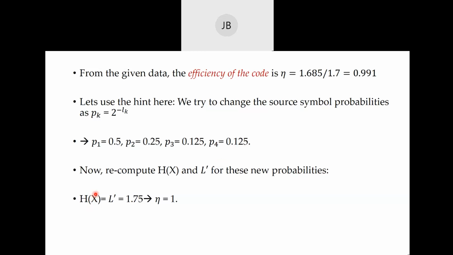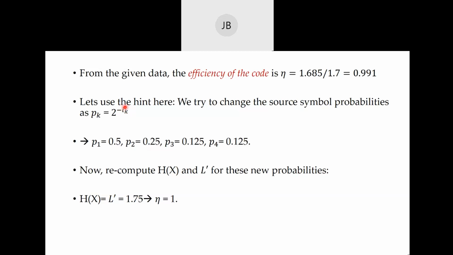Now recompute H of X and L prime for the new probabilities. You need to find H of X because you know the probabilities here. How did we get these probabilities? That is based on this equation: we compute the new probabilities by considering the length of every symbol.